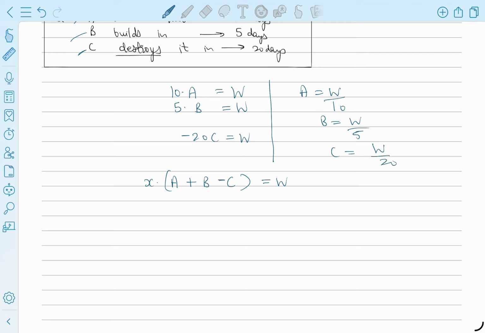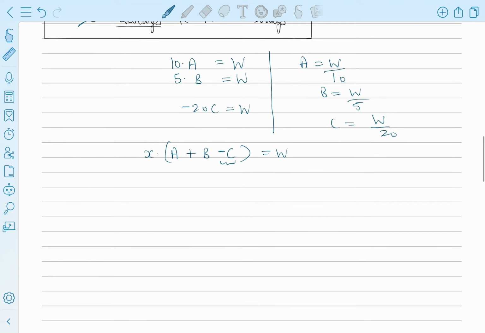We can ignore the negative sign here because we have already introduced this here, or you can put it in any place because we just want to subtract it in the final equation. So X into W by 10 plus W by 5 minus W by 20, because after all, C is doing negative work, right?